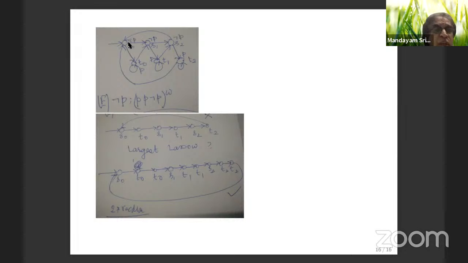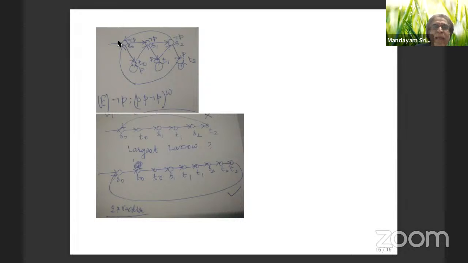Let me first describe the transition system. It starts with a not P state, goes to a not P state, and then loops back. Or from each state, it can go into a unique other state in which P holds, where you can stay for an arbitrarily long time, and then it goes back. And similarly here, like this, and then it goes back.